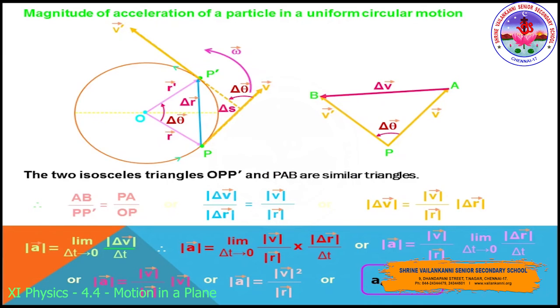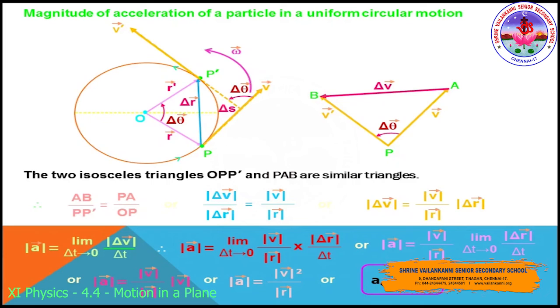From that we can get omega square r. How we get omega square r, we can see. By applying the limit del t tends to 0, we get del v by del t. So the acceleration is equal to the limit as del t tends to 0 of modulus of v vector by r vector into del r by del t.